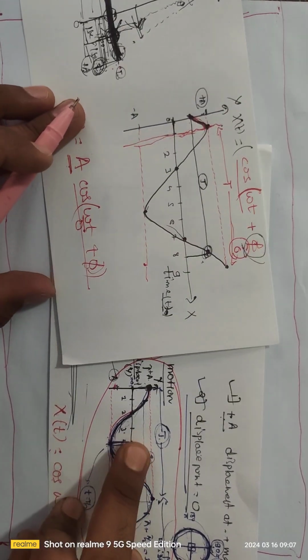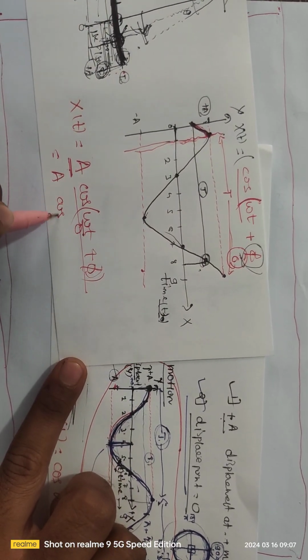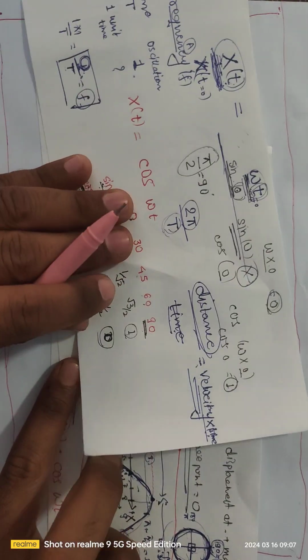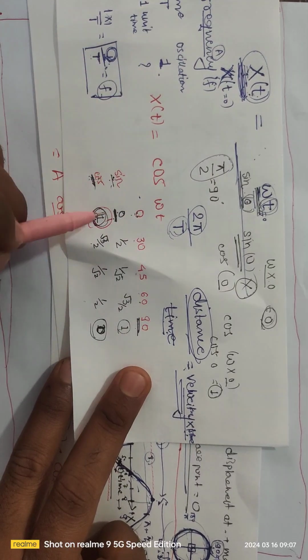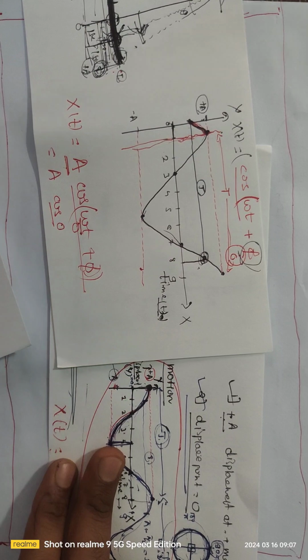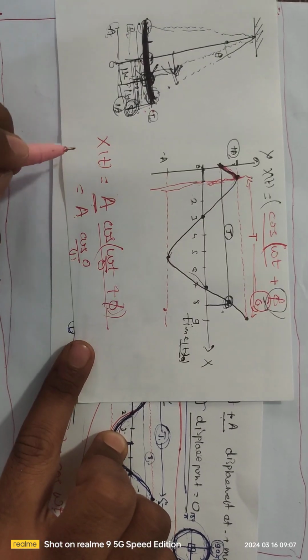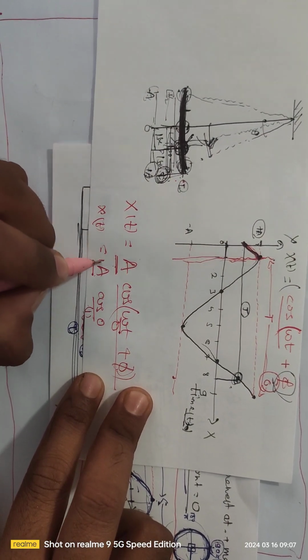For this condition our value becomes a cos 0. And what is the value of cos 0? We have seen here, cos 0 is equal to 1. 1 means extreme value. So it is 1 into a. So x(t) is equal to a, meaning plus a.